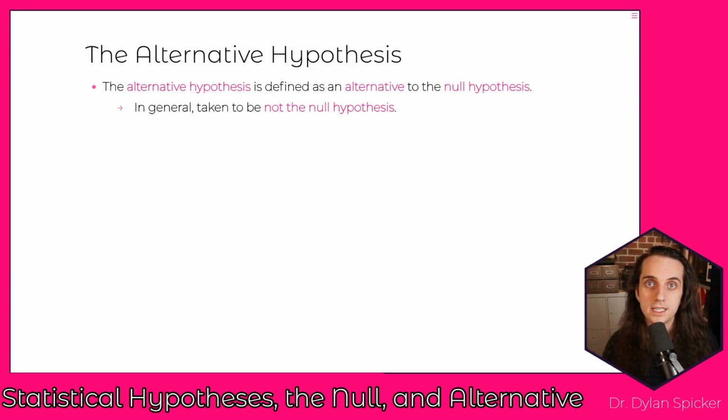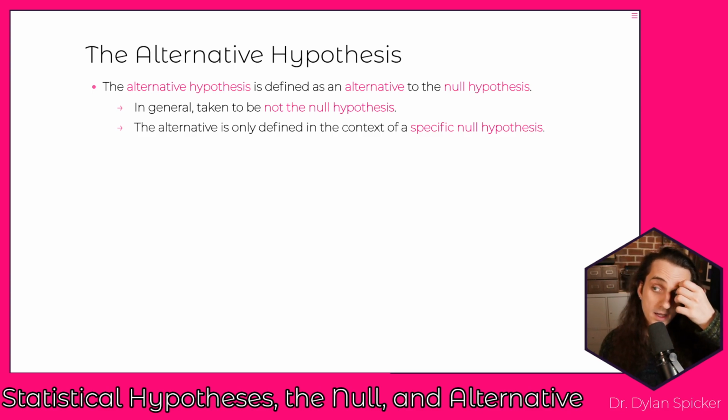If we say that the mean is greater than or equal to 16, then the alternative is that it's less than 16. So the alternative is always defined in contrast to the null. You take whatever the null hypothesis is, and whatever that's not is the alternative. So we can only define alternatives in the context of some specific null hypothesis.